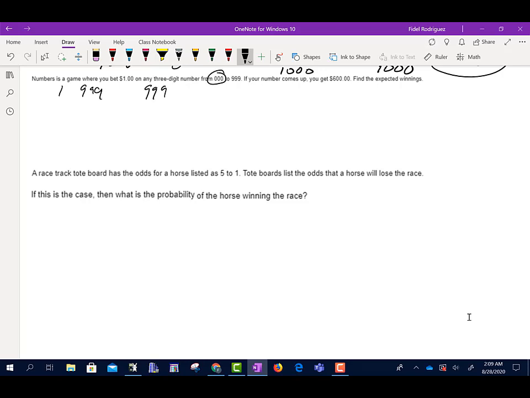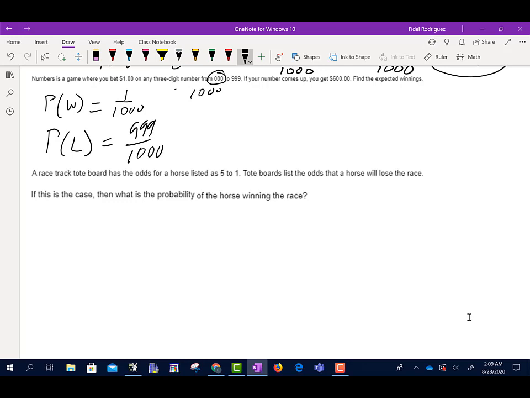But because we're including that zero, we know that there's 1,000 numbers to begin with, okay? So let's find the probability that we would win. Now, there's only one number that's going to be chosen, right? So the probability that I win would be 1 out of 1,000, and the probability that I lose, again, would be 999 out of 1,000, okay?